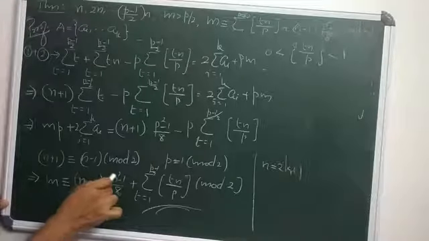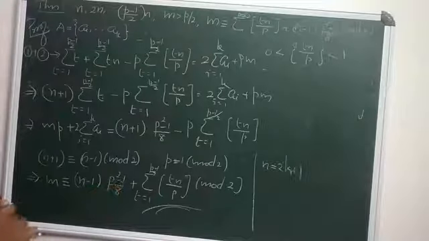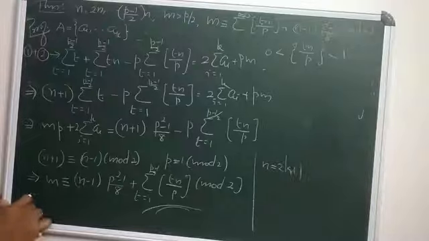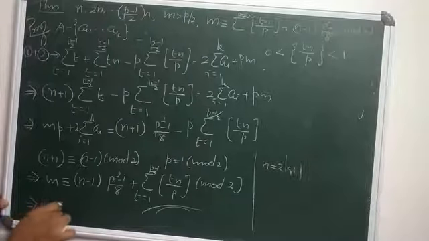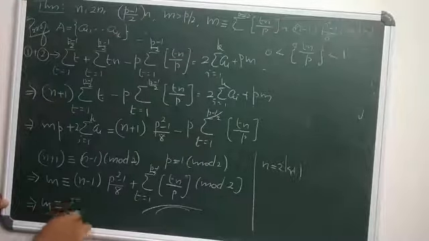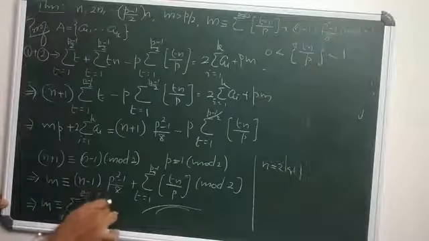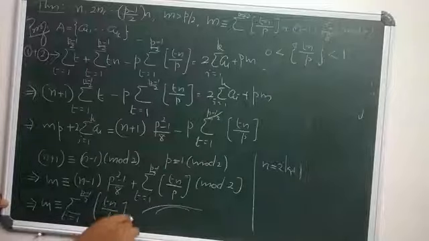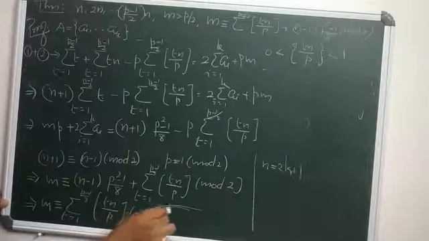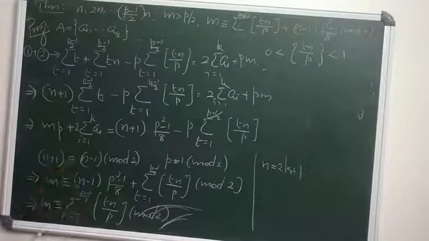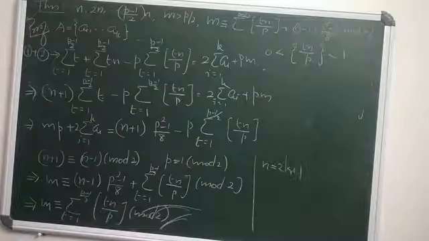Hence (n minus 1) into (P square minus 1) by 8 is also a multiple of 2. Therefore, when n is odd, this result reduces to m congruent to the sum of T ranging from 1 to (P minus 1) by 2 of the integer part of T n by P, mod 2. Okay, so this is the consequence of this result.